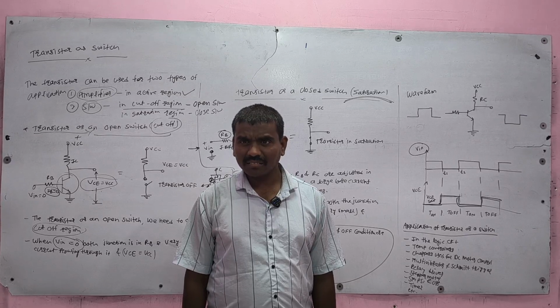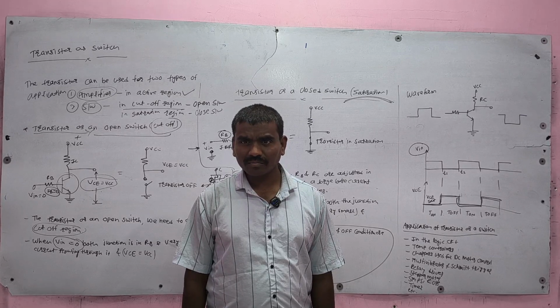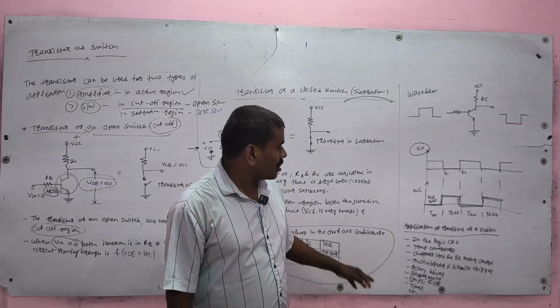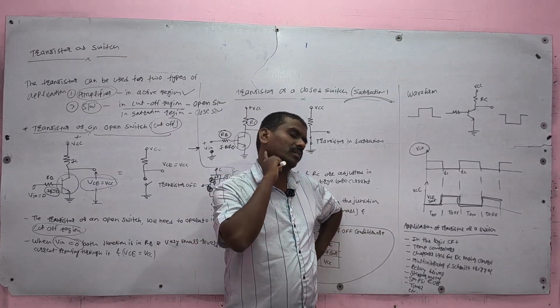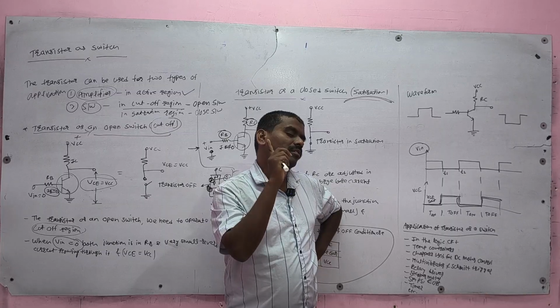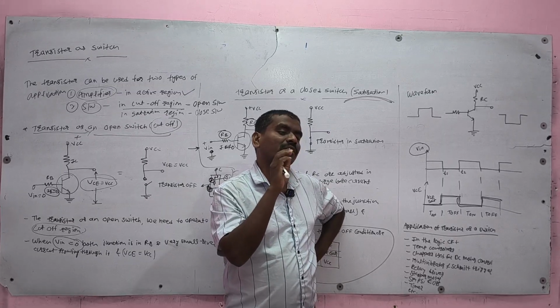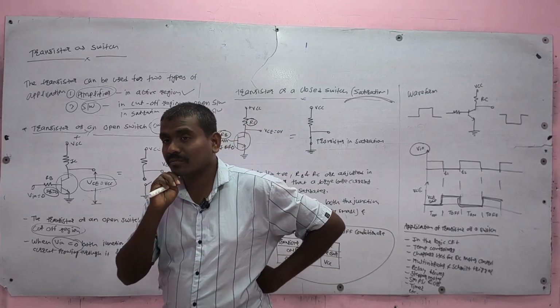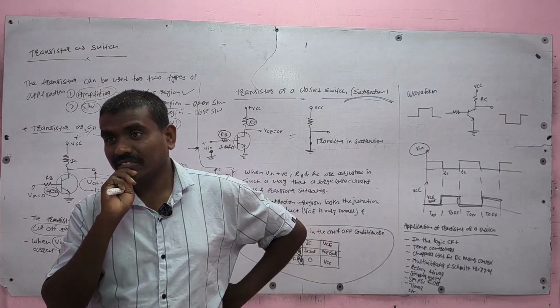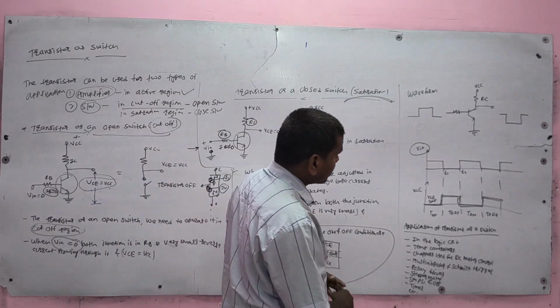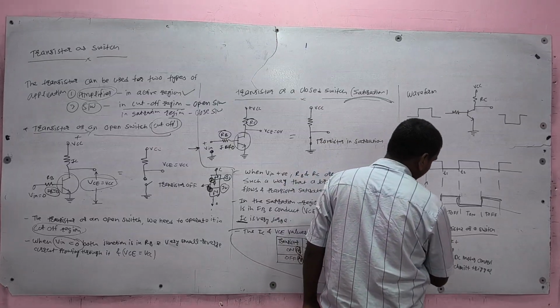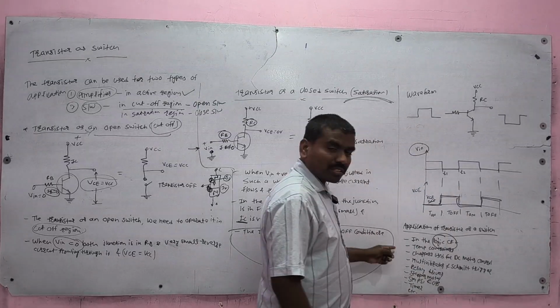Do you know that? If you don't, see here, logic gates. I think there will be one subject in the third semester, DT, digital electronics. In that subject, the logic circuit part is introduced.